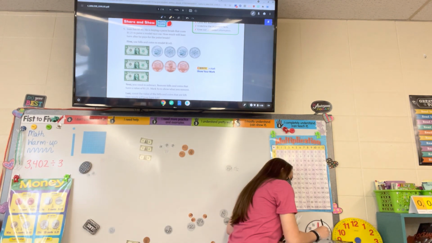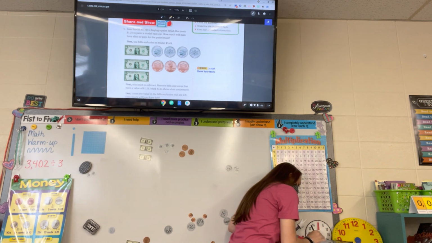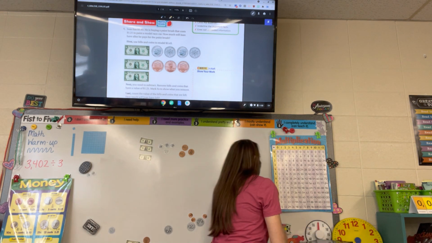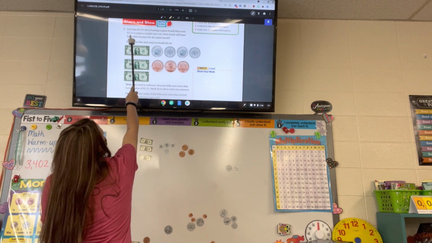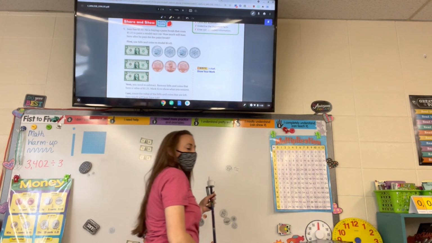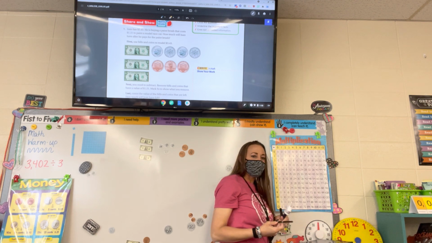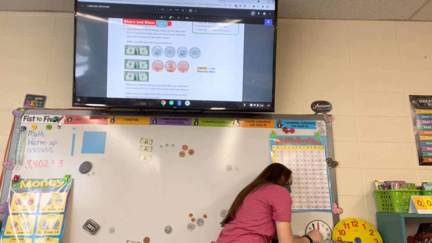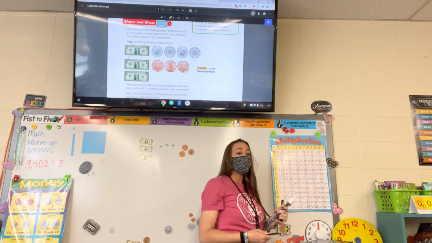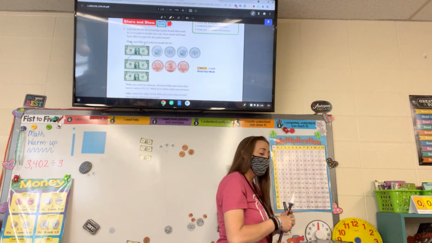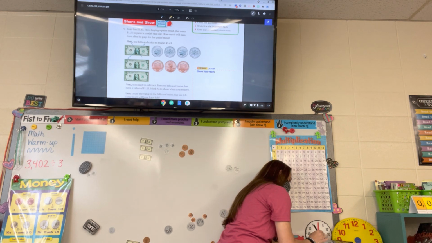So how many dollar bills do I need to cross out? What's it say, Colin? $1.21. How many dollar bills do I cross out? 1. He's just spent 1. Okay, I'm crossing out what I'm taking away, what he's paying for the paintbrush.